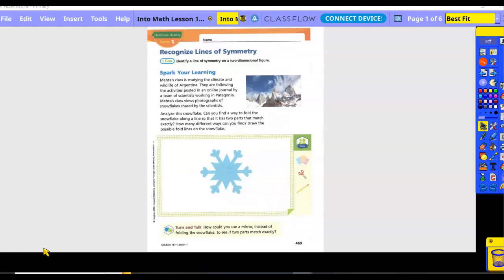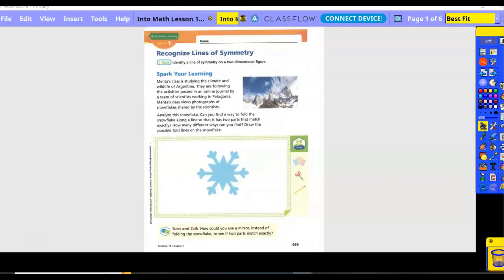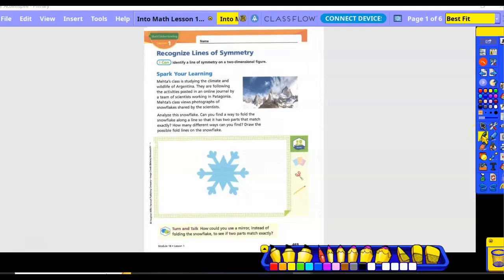Okay, so I'm going to line my ruler. I would line my ruler up with the points of the snowflake, and then I would draw a line straight through the middle. And yours should be straight because you're using a ruler. So if we would rotate our paper, could we go from this tip of the snowflake to this tip of the snowflake?